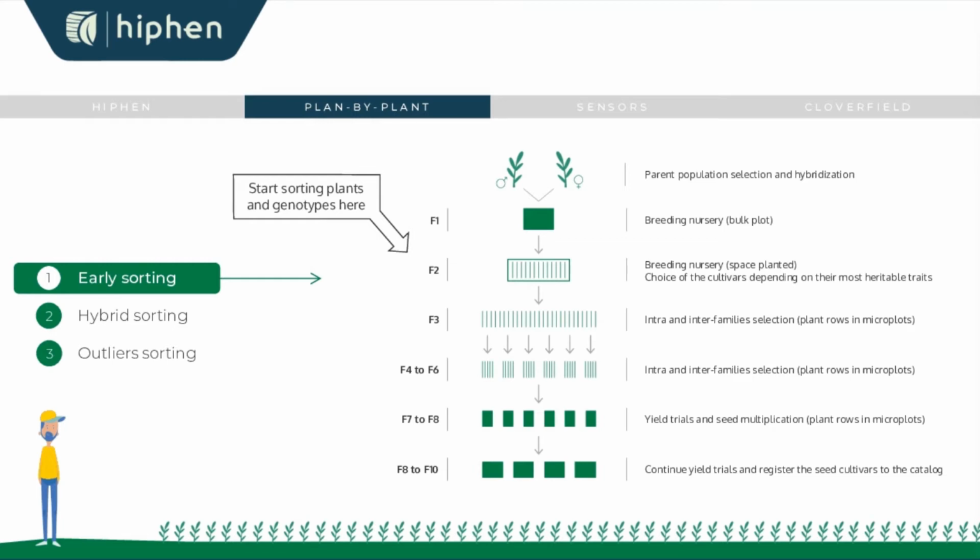And the first phases of your selection program were not available for such technologies as high-throughput phenotyping with drones or other sensors. Today, with this plant by plant approach, it becomes possible and achievable.